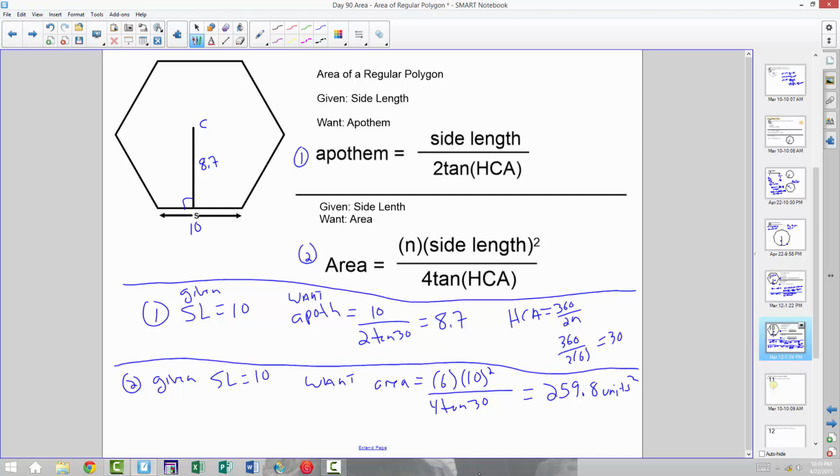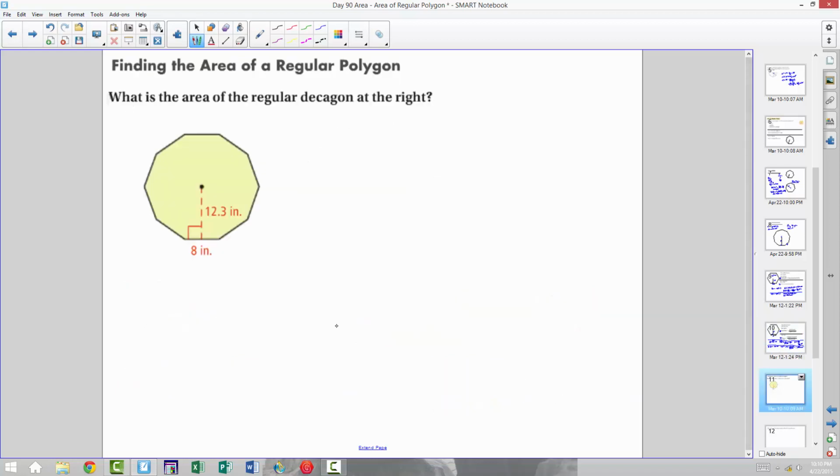So there you go. Given side length, you should be able to find the apothem, and you should also be able to find the area. Let's do more examples. What's the area of the regular decagon at the right? Well, I want area, and I'm given the apothem and a side length.